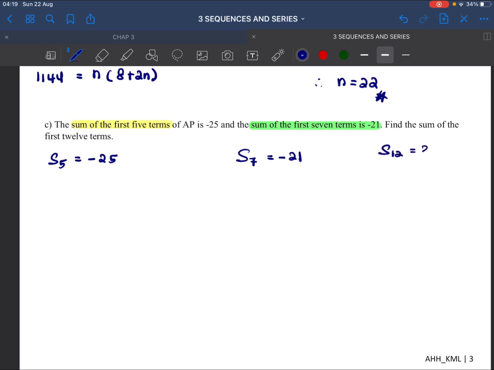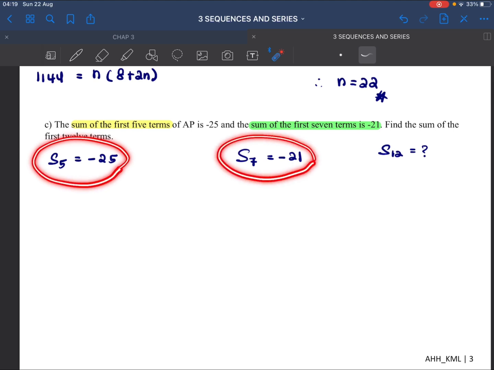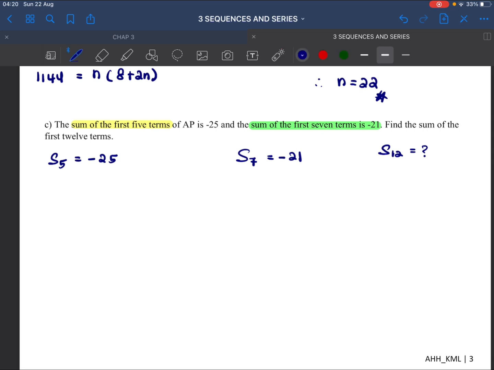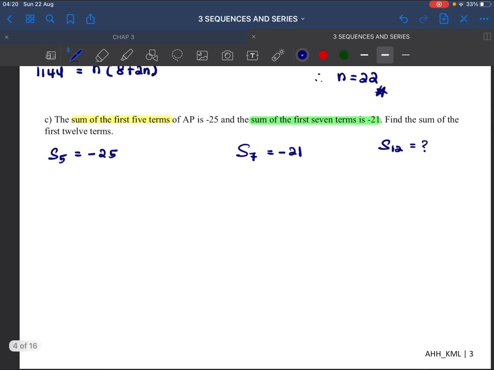S12. Okay, so kita ada S5, kita ada S7, question asks to find S12. Okay, again straight away just go straight into the formula because we don't have a, we don't have our d. Okay, go to our formula. So S5 we have n over 2, 5 over 2, 2a plus n minus 1, n minus 1 is 4d equals to negative 25.